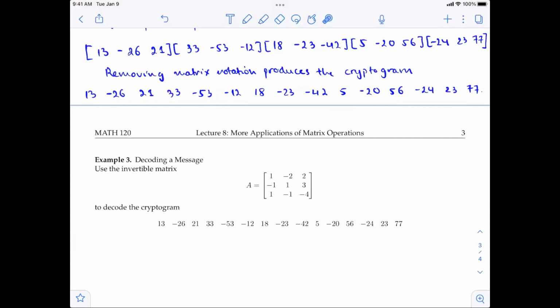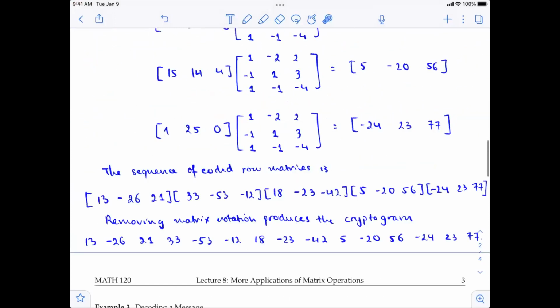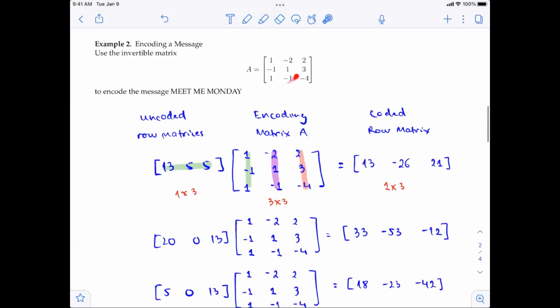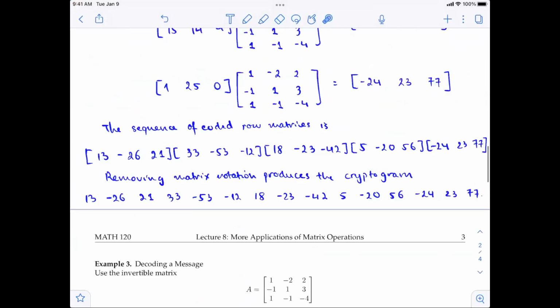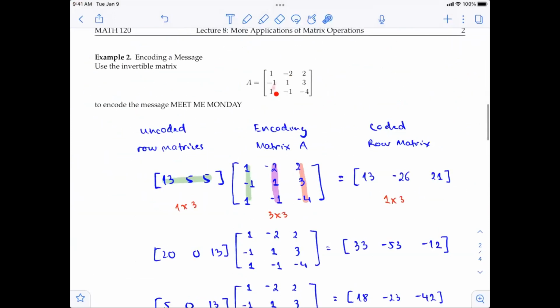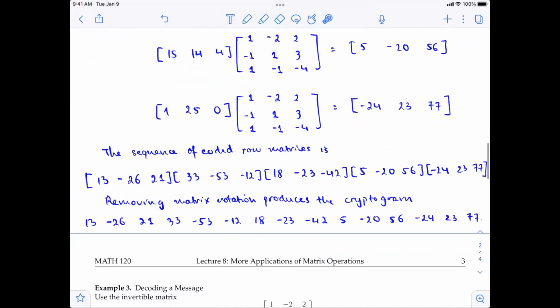Again, you need a key, and the key is this matrix, very similar to the matrix that we just worked with. So in this example, this is the forward direction. You have a message, you want to code that up to obtain this cryptogram.